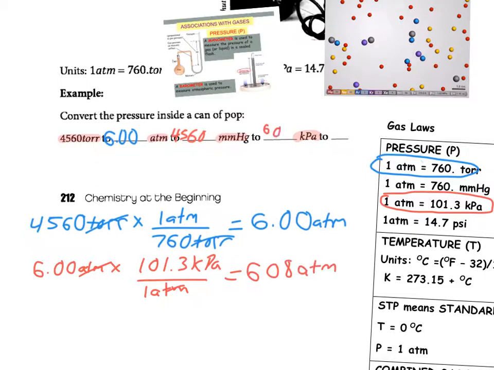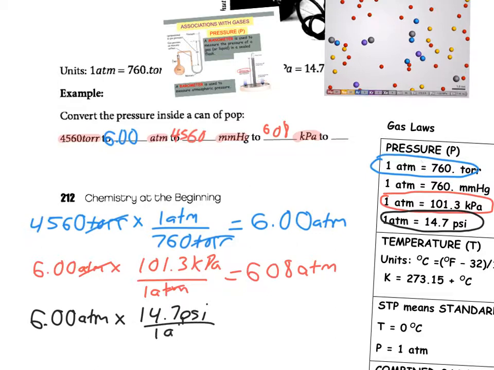And then the last conversion is to go to PSI. Because 1 atmosphere is equal to 14.7 PSI, I'll start with my 6 atmospheres again, and then I would multiply by the 14.7 PSI over 1 atmosphere, and that will allow my units to cancel, and I'll be left with 88.2 PSI.